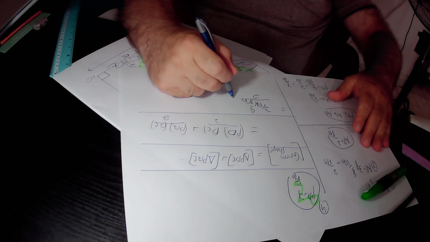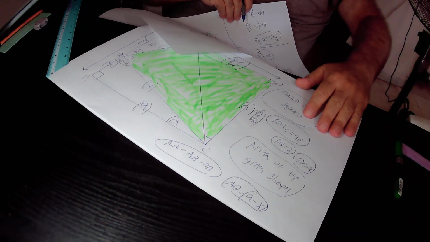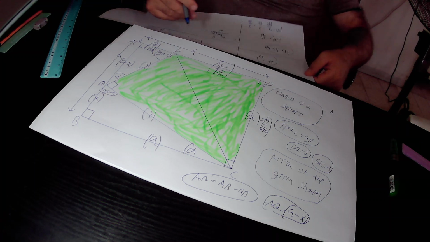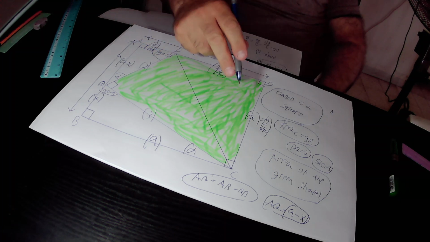But what about the right triangle PQC? The area of this right triangle PQC equals the base of the triangle, that is PQ, times the height, that is QC, over 2.